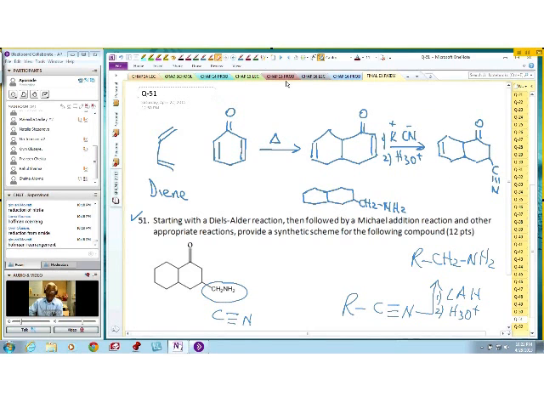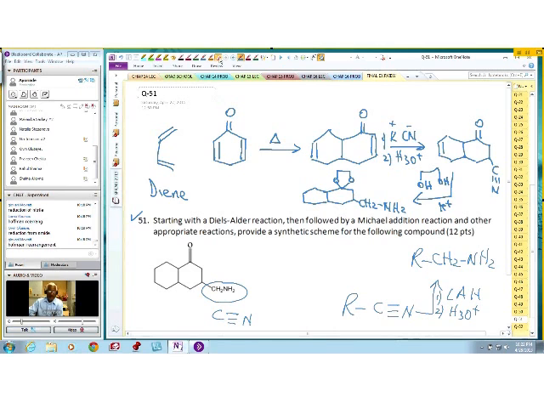I want to protect this here with a ketal. You protect that, so now you have this, before you do the lithium aluminum hydride reaction.